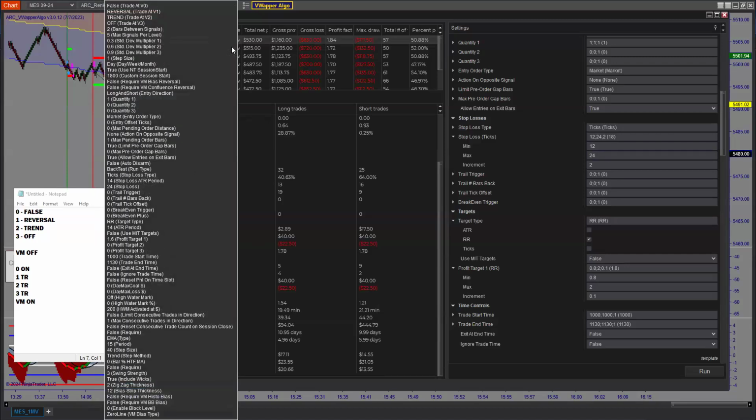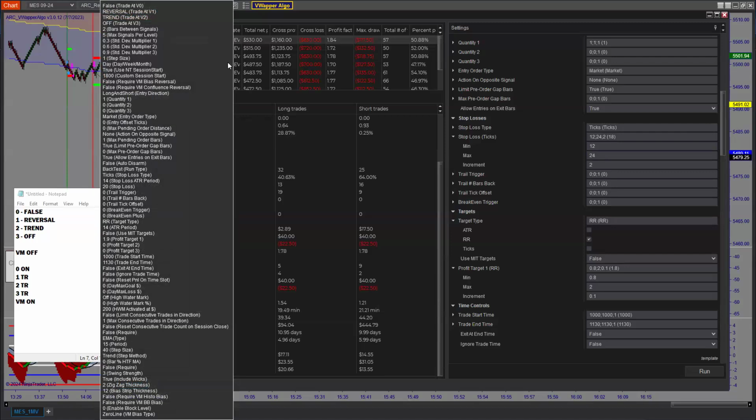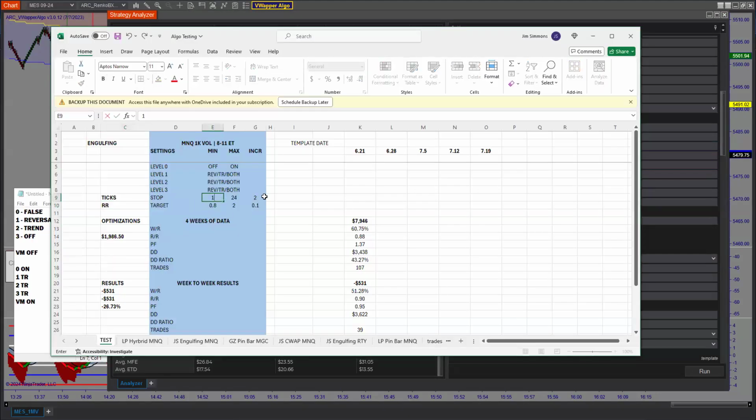The next one, the stop was 24 with 1.6, 18 with 1.7, 20 with 1.9. So we're definitely in the right range. 18 to 24 is probably a better range, so we can update that. Let's go here and go 18 to 24.